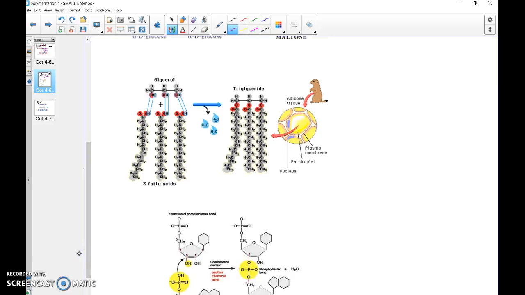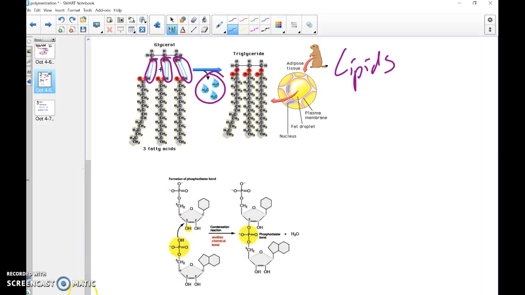Now, fats are a little more complex, but you can see right here, OH and H, OH and H, OH and H, and now those three pieces are connected to this bigger piece and three water molecules were made. And so that one right there is lipids. And down here you have nucleic acids.